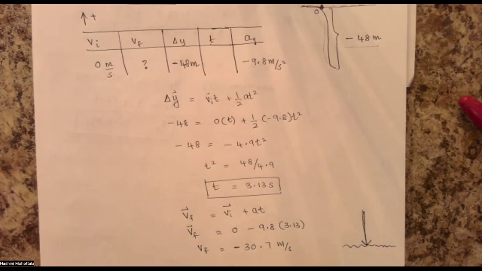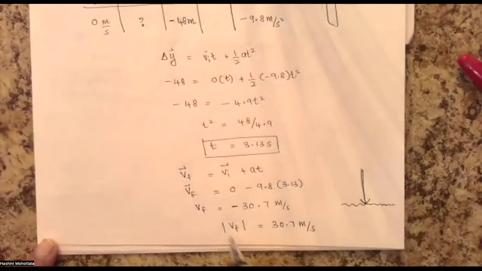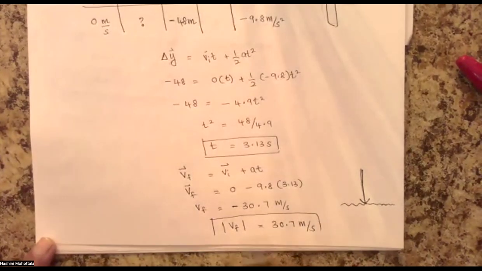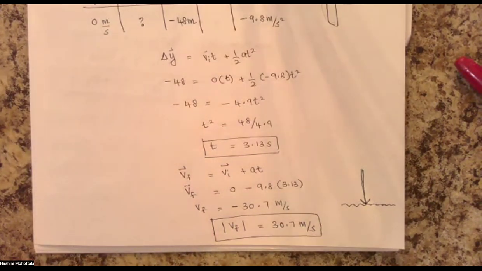So there you have the magnitude of the velocity at the time of impact. In other words, that's called the same as the speed. You can take the positive value and then give the final answer as 30.7 meter per second. That is the magnitude of the impact.